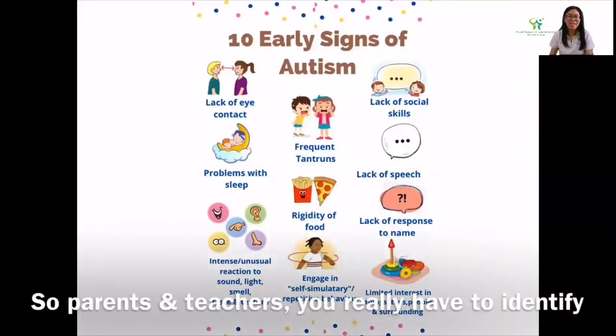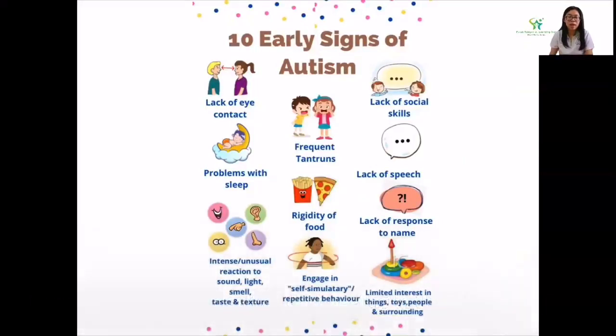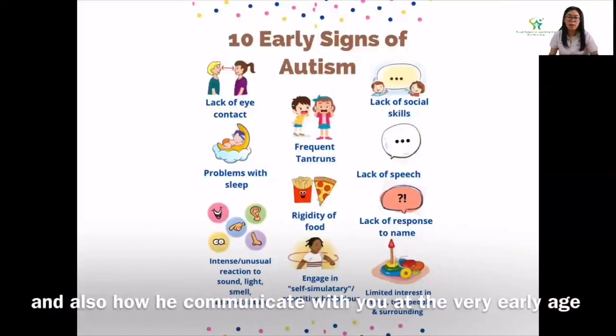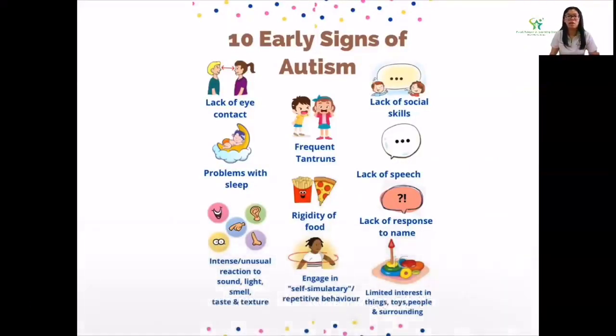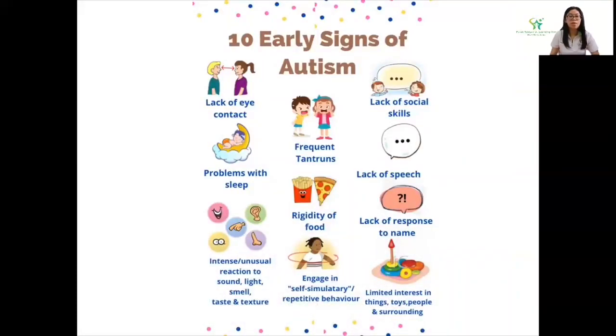Parents and teachers, you really have to identify whether your child is having difficulties and struggling in daily living skills, and also in how he communicates with you. At a very early age of about 2 or 3 years old, you should be able to detect some of the symptoms already.